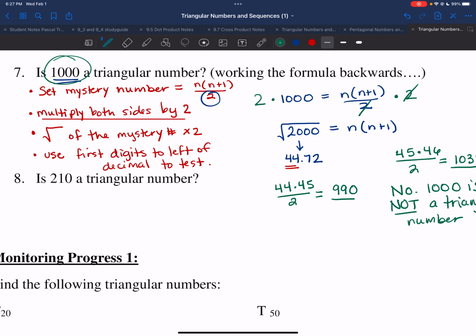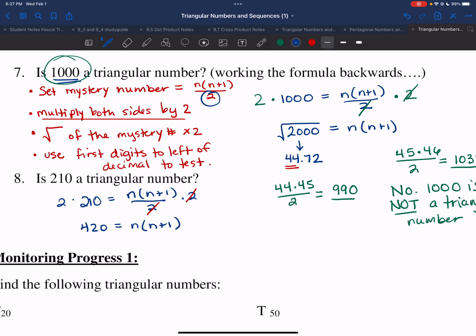All right, let's do this together. We've got 210 is equal to n times n plus 1 over 2. Multiply both sides by 2. My 2's cancel out on this side, and I'm left with 420 equals n times n plus 1.